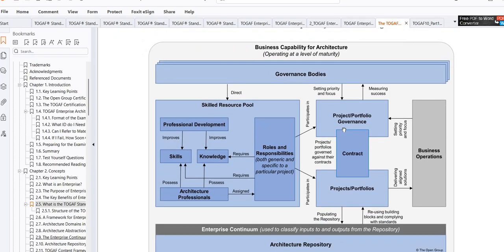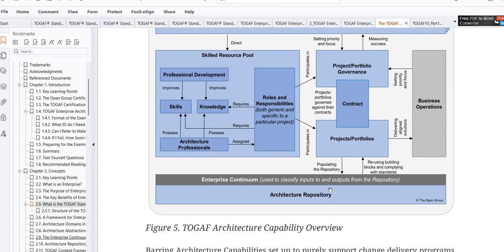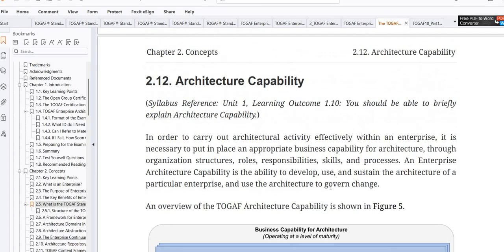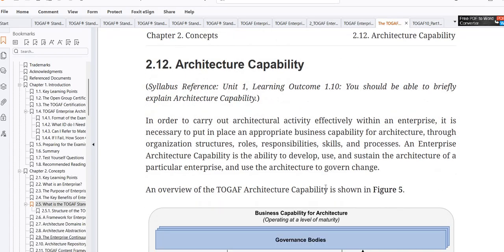Now if you see the skills resource, the professional development, skills or knowledge, and how your responsibility represents to the portfolio, the project portfolio team, and governance bodies. It talks about who is assigning, who is required, who is impressed. That talks about architecture capability.